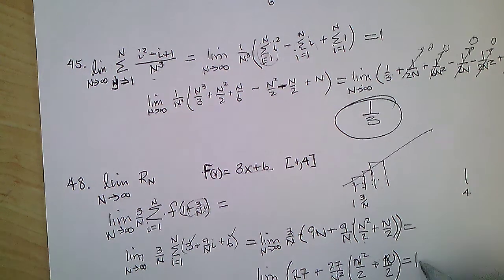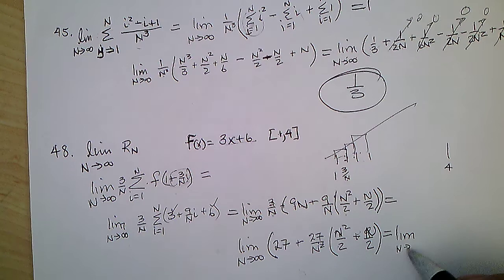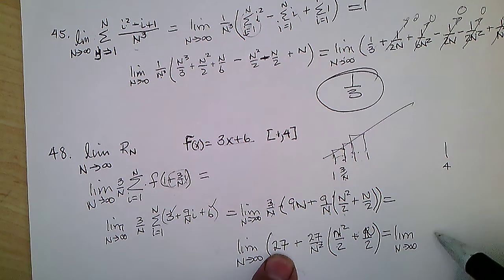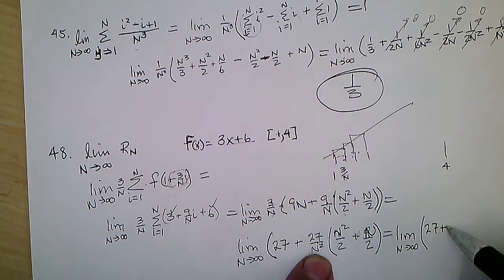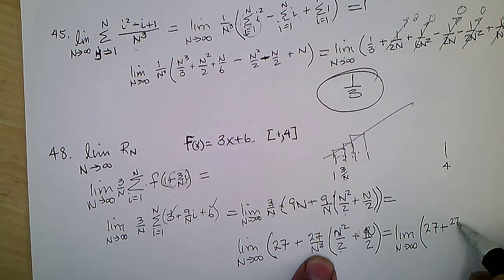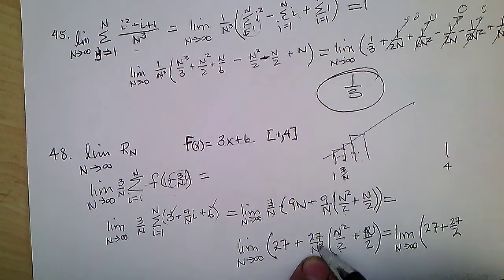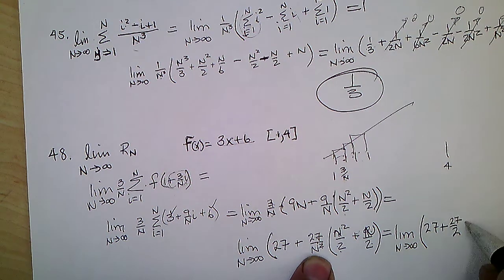And so I'm going to have the limit as n goes to infinity of 27 plus, the n squared cancels here, 27 over 2. And then on this one, I'm going to have 27 over 2n.